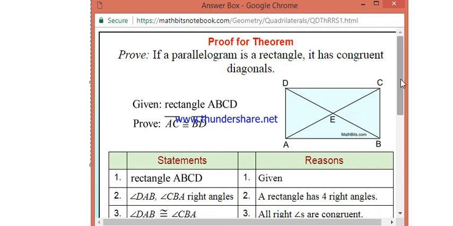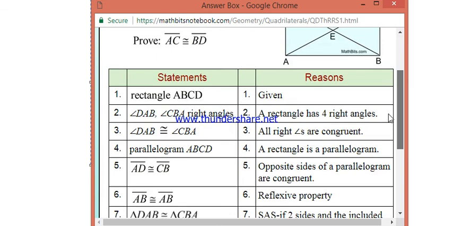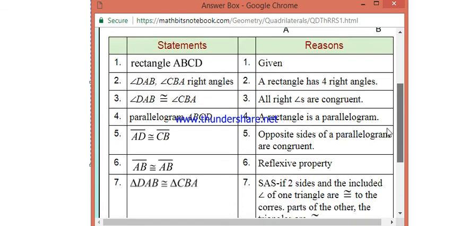So this is the proof of statement 2. If a parallelogram is a rectangle, it has congruent diagonals. Given rectangle ABCD, prove diagonal AC is congruent to diagonal BD. Statements given for number 1.